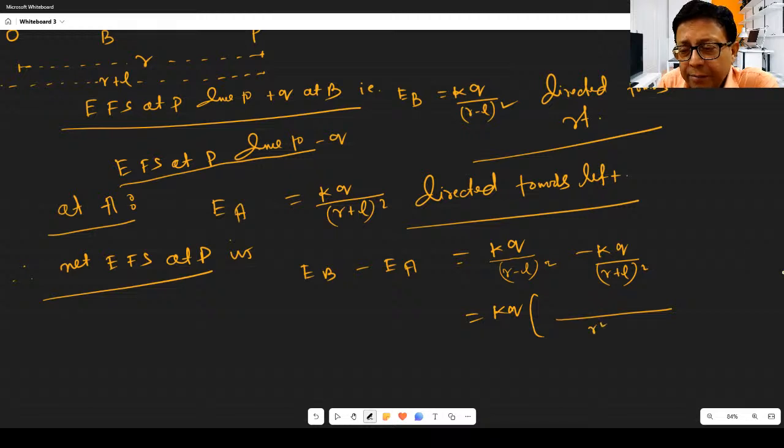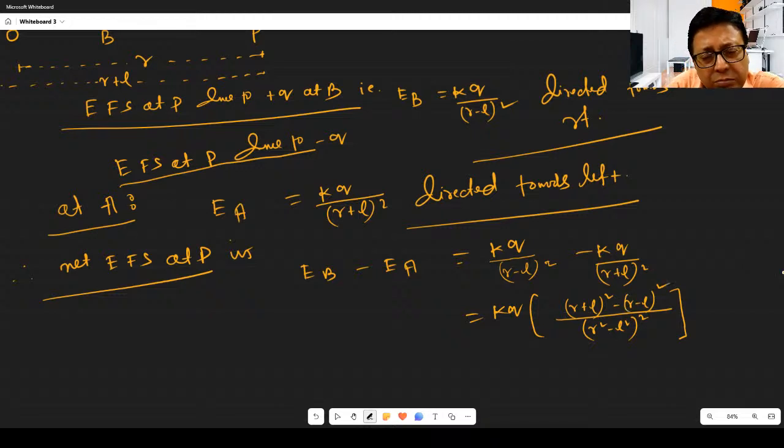Take the LCM. Just simplify it. A plus B whole square minus A minus B whole square, that is 4AB.